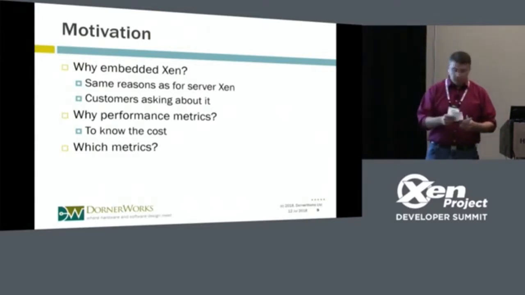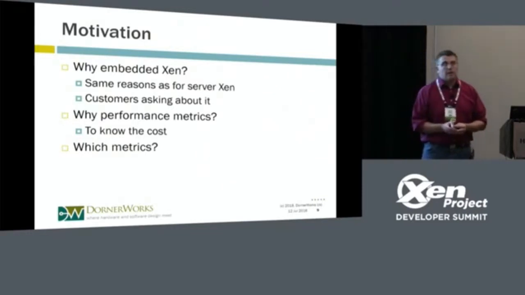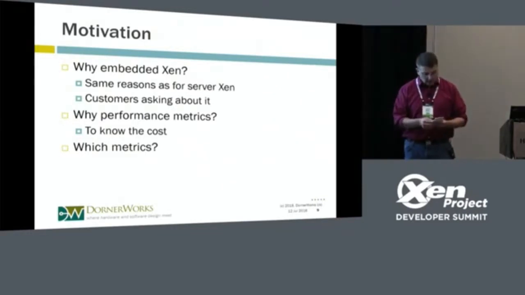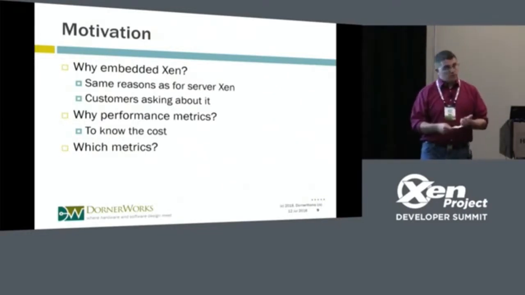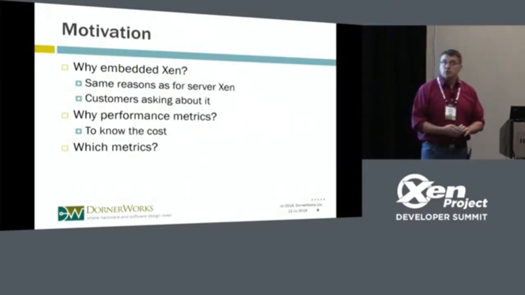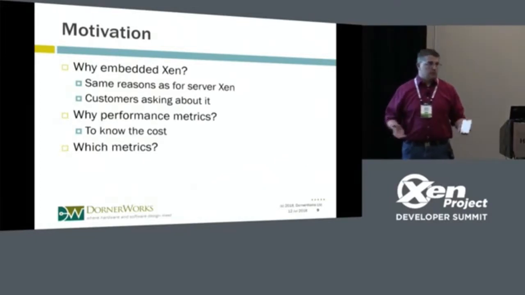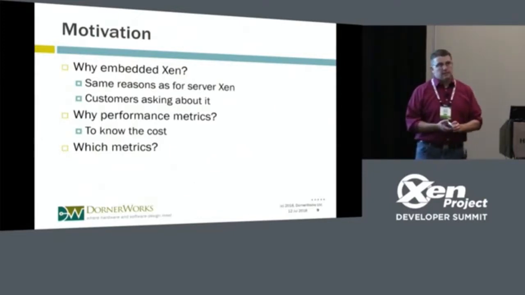Some of the rules of thumb that we use to determine what metrics we could collect would be metrics that would be useful for a customer, metrics that would be fairly easy to obtain, and metrics that would be unique to a virtualized system, something you don't typically run into in an embedded system.